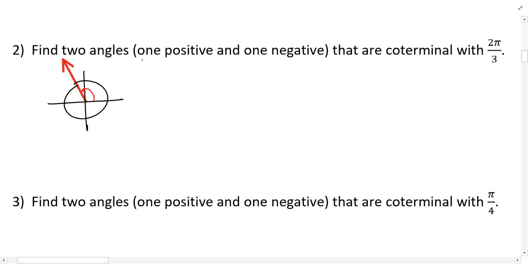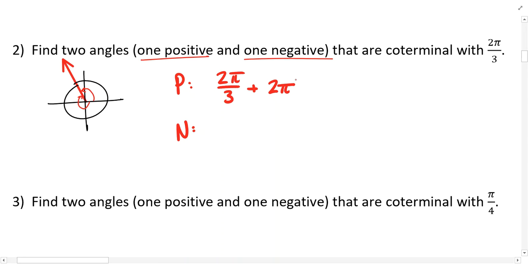Now, since the result is going to be positive and negative, that implies that we can continue an additional rotation around for our positive angle measure, and we can consider a clockwise rotation for the negative angle measure. So for our positive angle measure, in this case, we could take the 2 pi over 3 and add a rotation of 2 pi units.